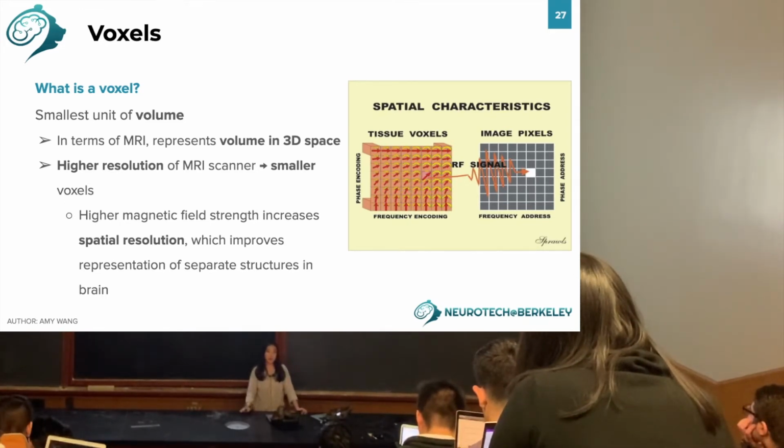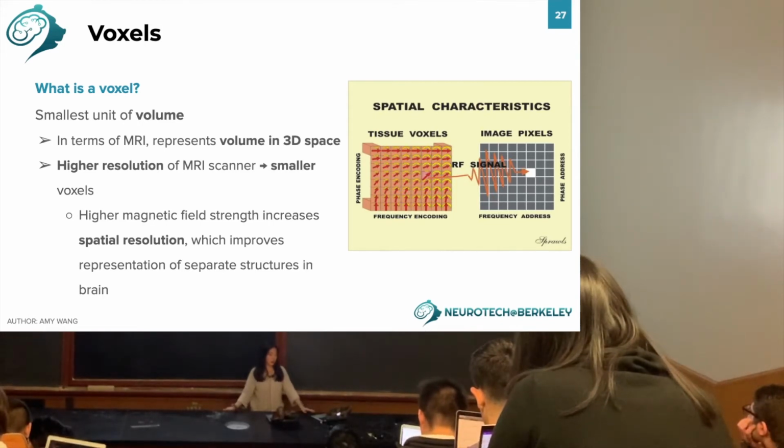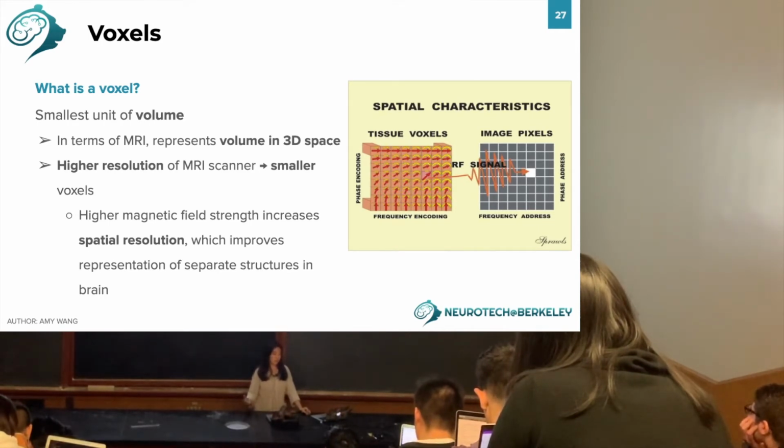A higher resolution MRI scanner means a smaller voxel, and a higher magnetic field strength increases spatial resolution, which the previous group talked a little bit about. That's a big struggle in imaging today: spatial resolution. But having a higher magnetic field strength and smaller voxels improves the representation of separate structures in the brain.